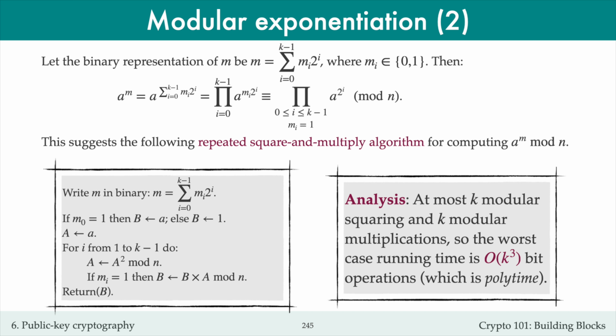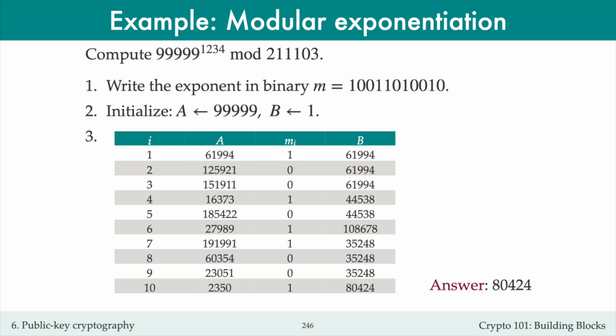Since modular multiplication can be done in k-squared bit operations, the total running time is O of k-cubed bit operations. So this is a polynomial-time algorithm. Here's an example showing the steps of the repeated square and multiply algorithm. In summary, we have polynomial-time algorithms for the basic integer operations and the basic modular operations.